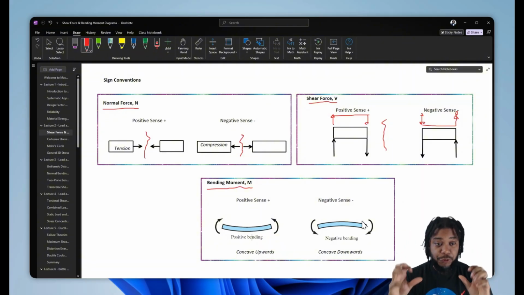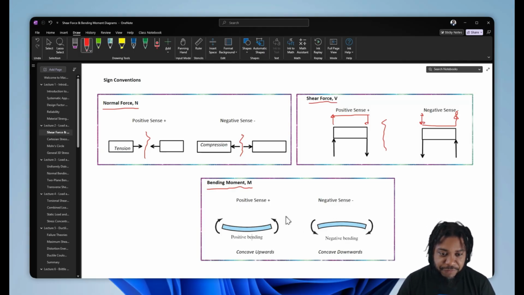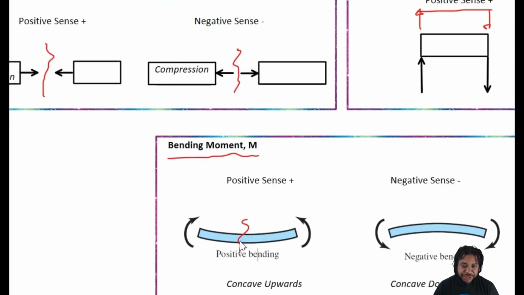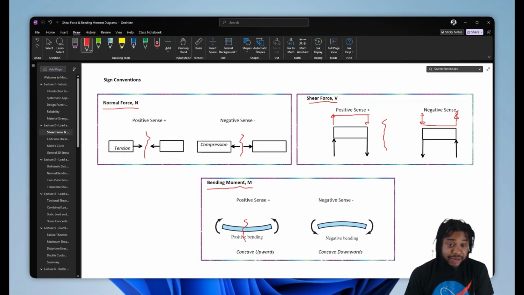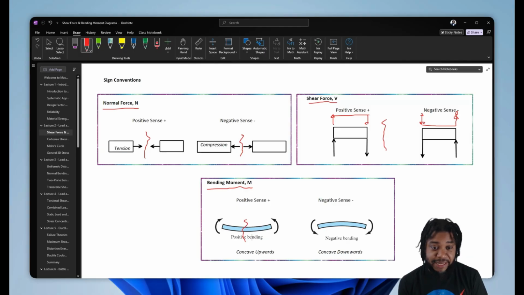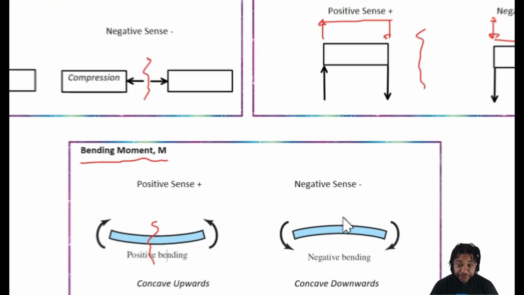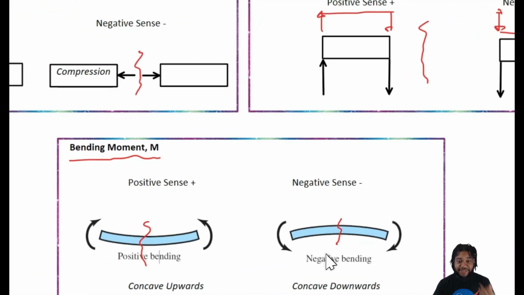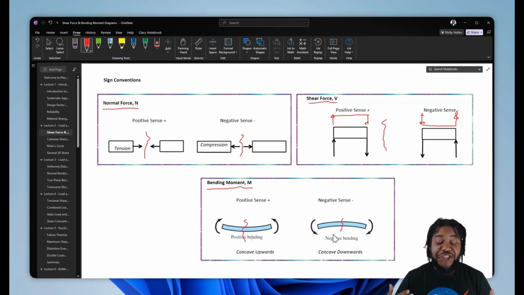So it's going to bend downwards. So when we think about these moments and where they're applied, we've got to think, okay, if I were to section this beam and I only had one side, the left or the right hand side, what shape will the beam take? Bend upwards or will it bend downwards? Similarly here, we had to take a section. What shape would the subsequent section take on, right?